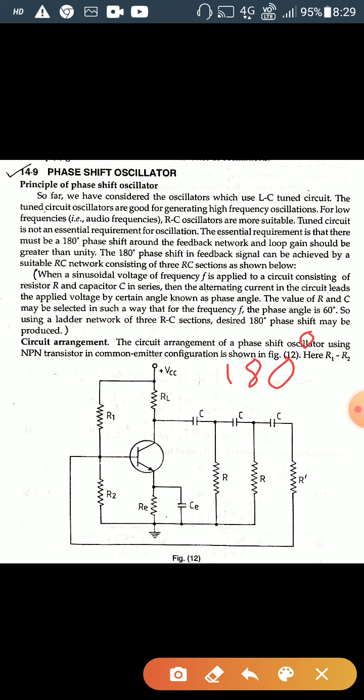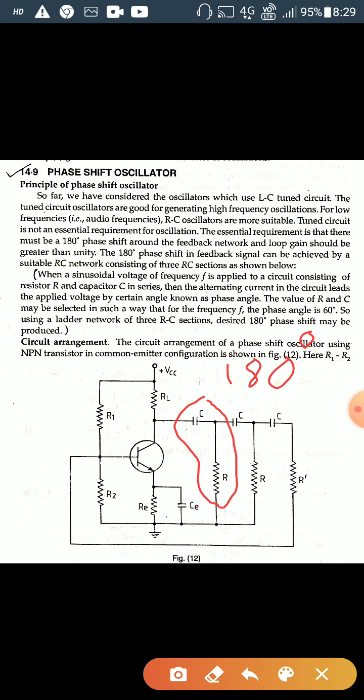The values of R and C are selected in such a way that for the generated frequency F, the phase angle is 60 degrees. Their individual combination of R and C can generate a 60-degree phase shift.